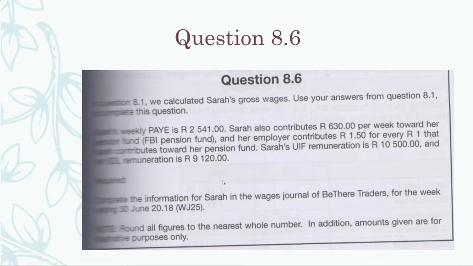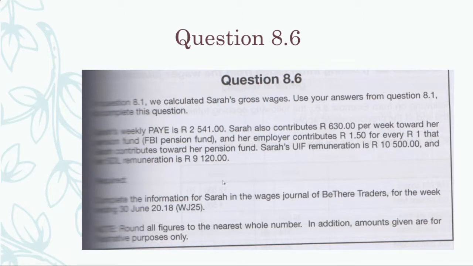So that is the question we did in class last week. We said she worked 40 hours at 160 Rand per hour, and then her overtime rate was 1.5 times the normal rate, and she worked 53 hours. So that information you will also require to calculate your wage journal.